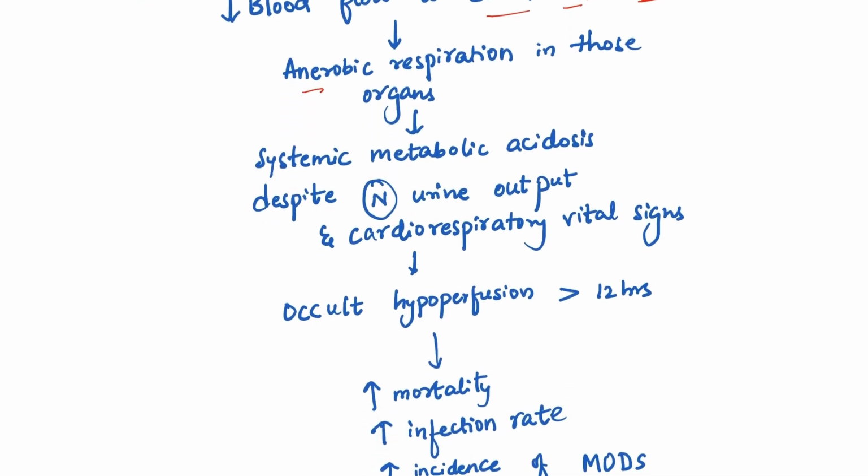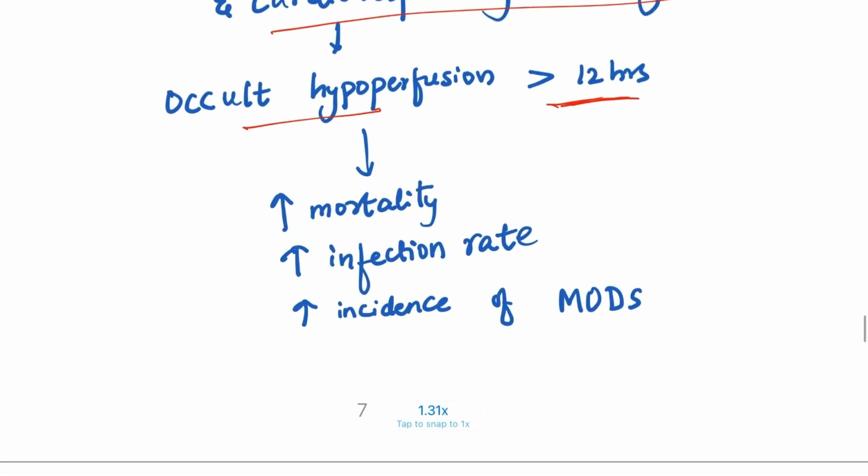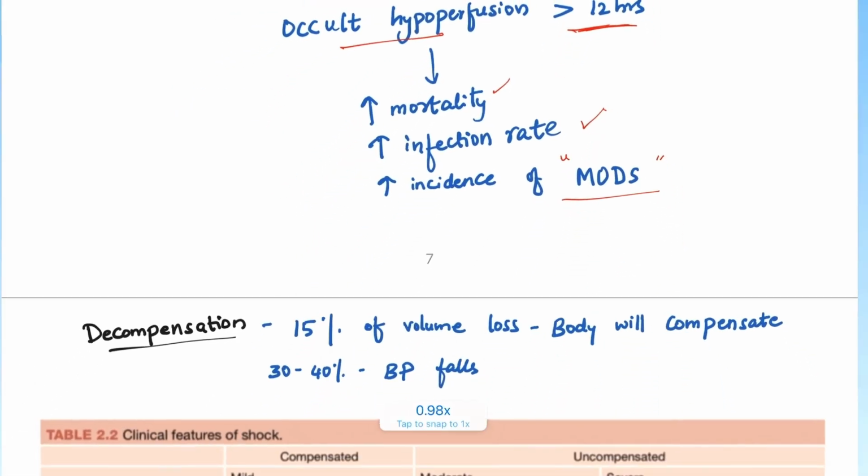Anaerobic respiration will cause systemic metabolic acidosis despite normal urine output and cardiovascular vital signs. This is very important. In case of early shock, you can see normal BP despite shock, but if this goes on for more than 12 hours, then you will see an increase in mortality, increase in infection rate and increase in incidence of multi-organ dysfunction syndrome.